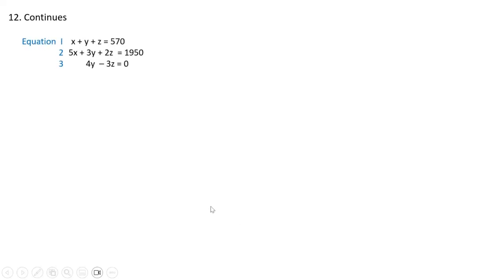Right now, you can solve it by matrices, or this can also be plugged in the calculator. But let's do it how we did it before. Remember, we get equations 1 and 2, get rid of the x's, and 1 and 3, get rid of the x's. So I'm going to multiply equation 1 by -5.